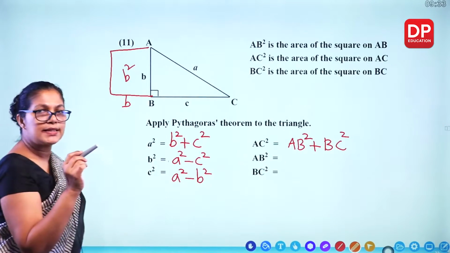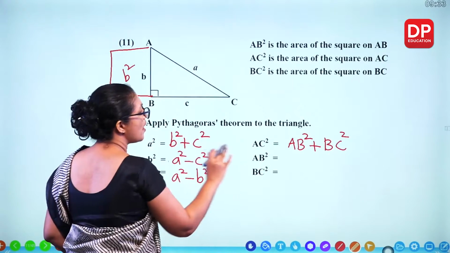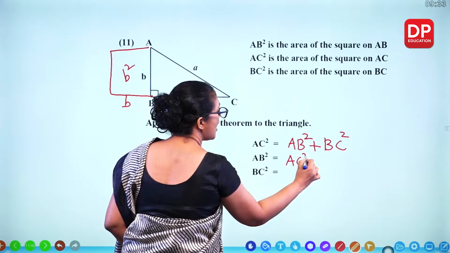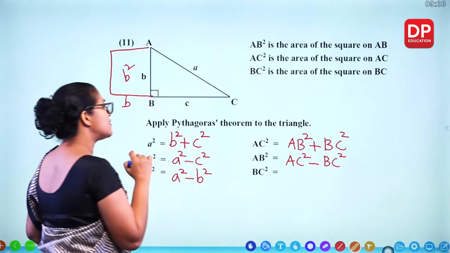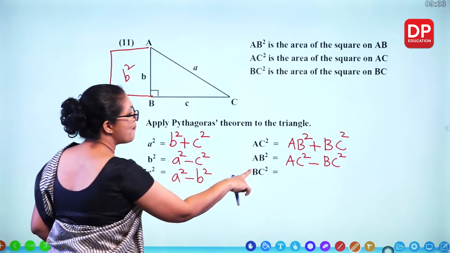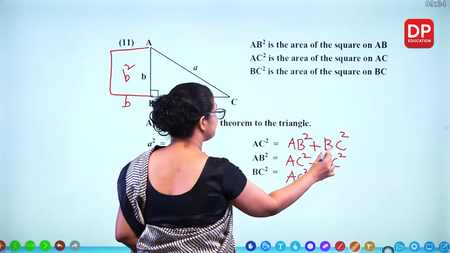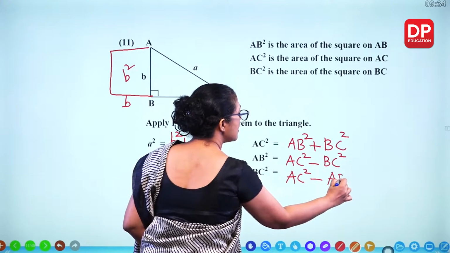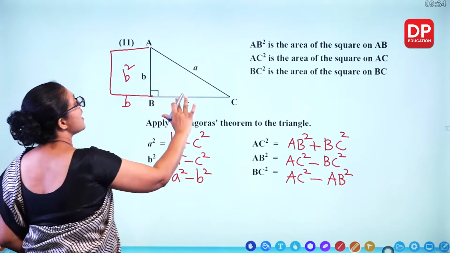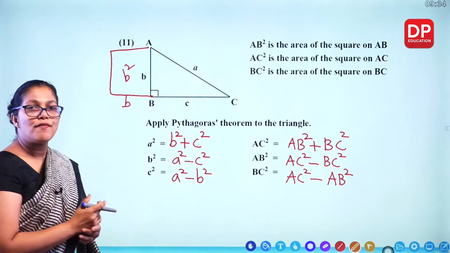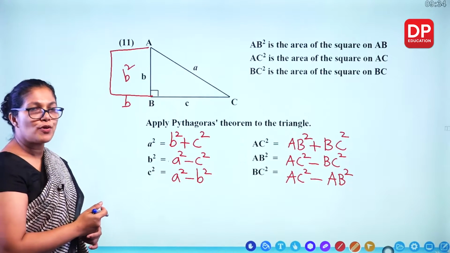That's the Pythagoras theorem. Then if you want to find out AB squared, what do you do? We take the hypotenuse squared minus the other side, BC squared. If you want BC squared, how can you find out? AC squared minus AB squared. So you need to know when two sides are given, how you can find out the other side by making it the subject of the formula.